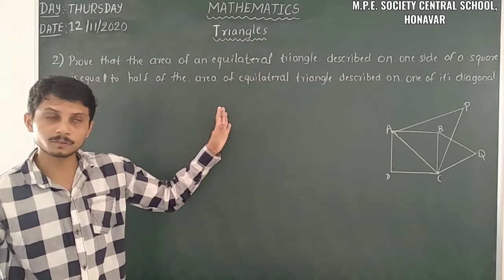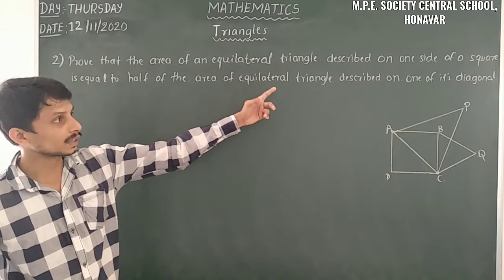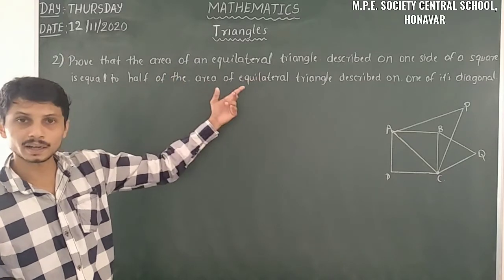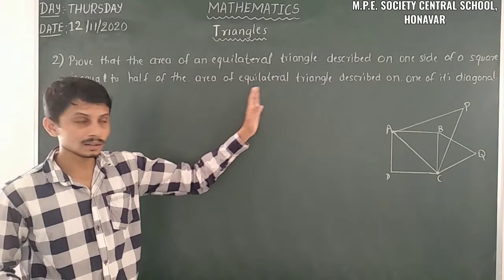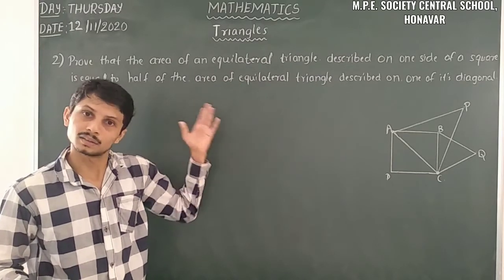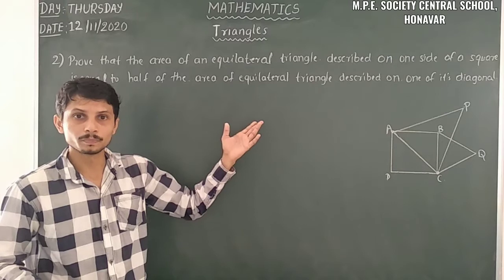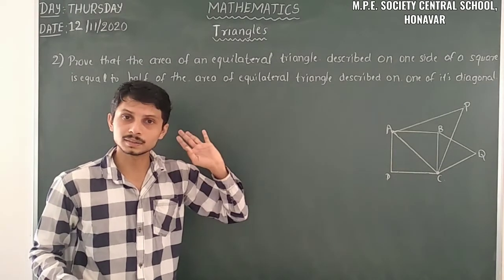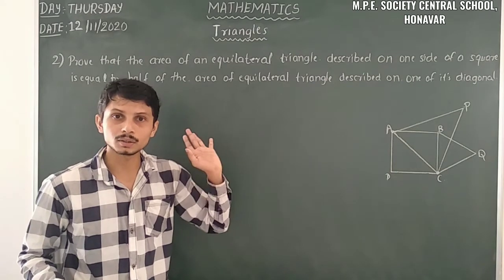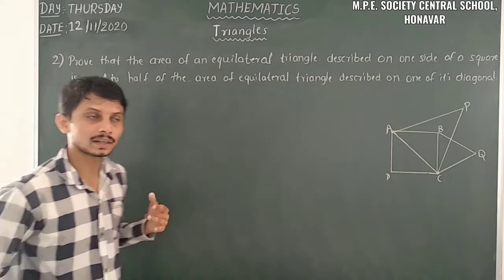We have to prove that the area of the equilateral triangle described on one side is equal to 1 by 2 into the area of the equilateral triangle described on its diagonal. But one thing is confirmed, that those two triangles are similar because both are equilateral triangles, so we can take that as a given thing.